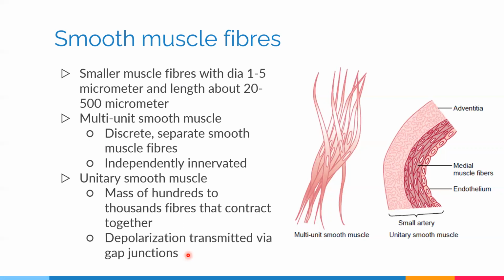So the muscle fibers themselves are connected by these gap junctions, and the internal environment is continuous. And thus, the depolarization wave, which excites one muscle fiber, can also excite the others as well. And this is how unitary smooth muscles function, where the excitation wave can travel through the whole muscle via these gap junctions and depolarize and contract the whole muscle.